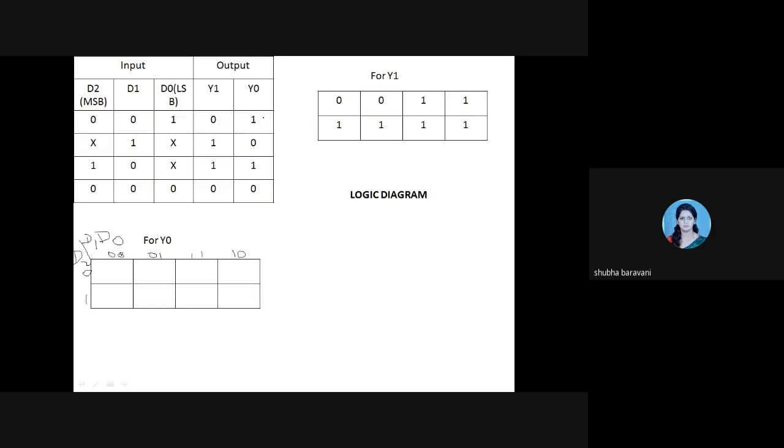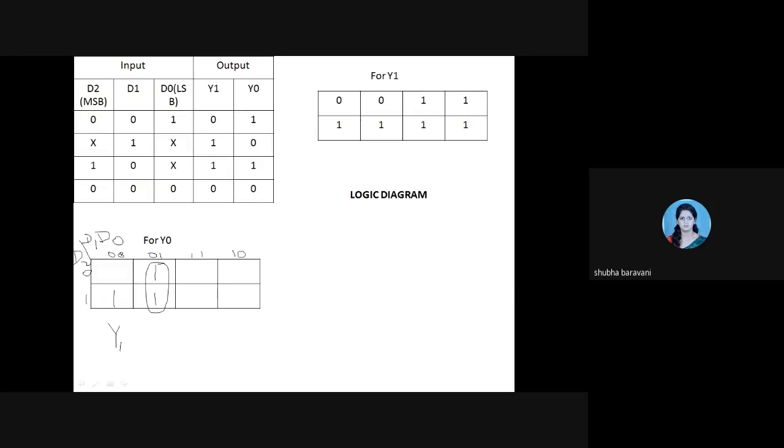Okay. Now see, y naught, right? Y naught is 1, first one for 0, 0, 1. So here I put 1. Then it is 1 for 1, 0, 0 also. 1, 0, 0 and 1, 0, don't care ki jagah 1 means 1, 0, 1. Okay. So what I did, a grouping of these two.